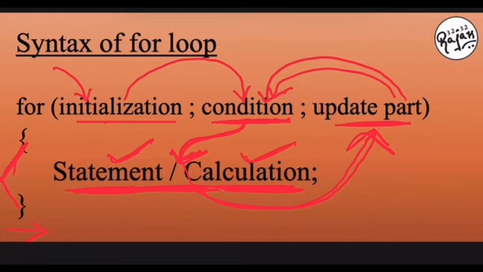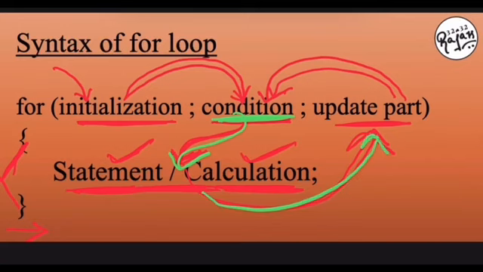Now here you need to pay attention. The initialization part gets executed once only, and the entire loop runs between the condition part, statement or calculation part, and update part. After the value of the variable controlling the loop is changed, it goes to the condition part and the condition is checked again.